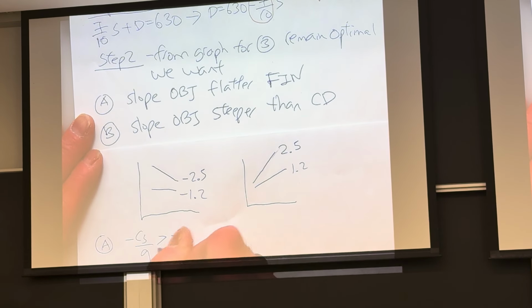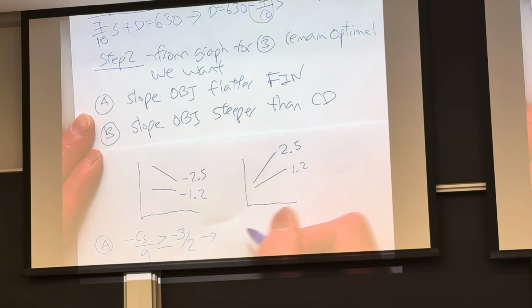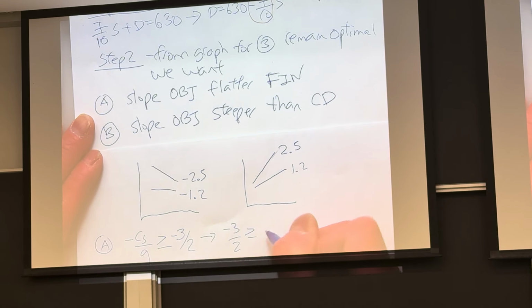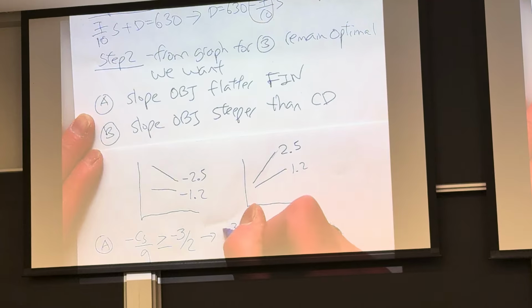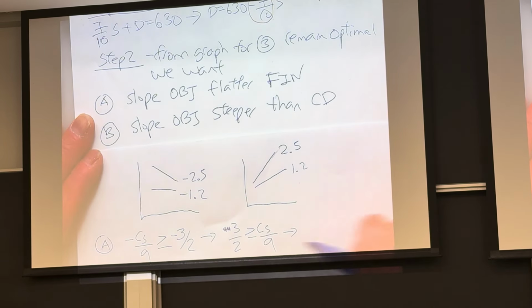So it should be bigger than. Okay, so get rid of negatives. Move this here, move that over there. And then finally, 9 times 3 is 27. 27 divided by 2 is 13.5. So CS has to be smaller than 13.5.